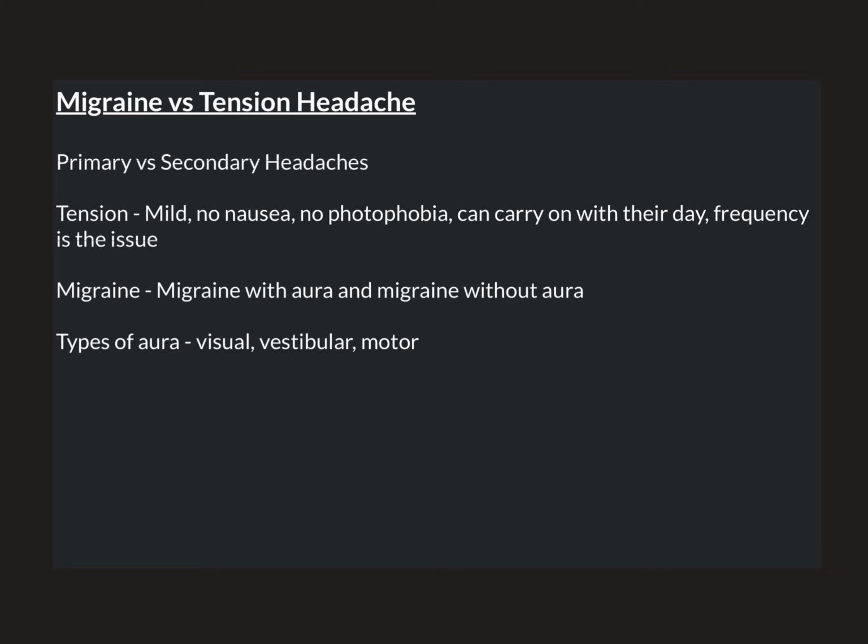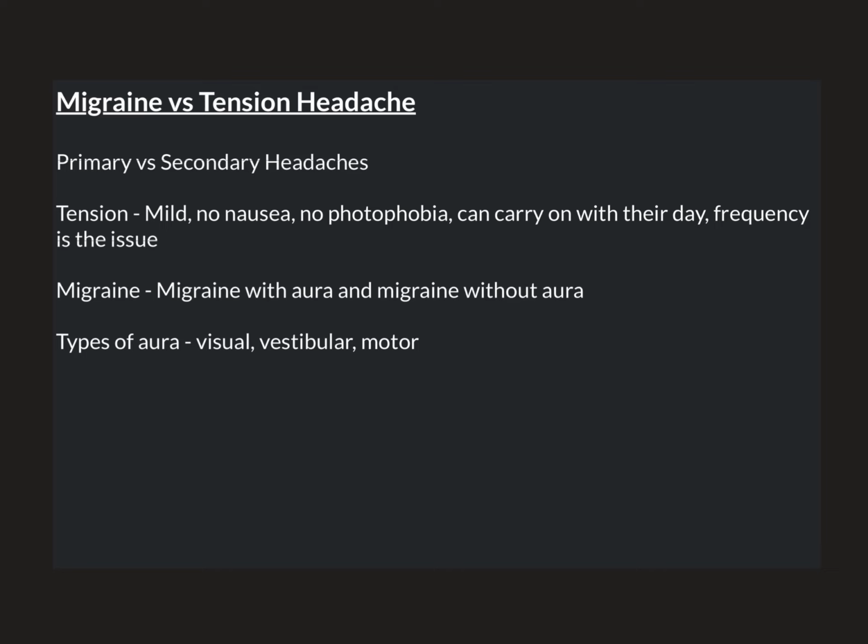If it's mild and they're coming to you just because of the frequency of it and they're living their entire life with it, then that's probably tension headache, whereas if it's episodic and really severe, that's probably migraine. Of course, you might need to do investigations to prove that they don't have secondary headache, that they don't actually have some horrible abnormality causing it, like, for example, a brain tumour or skull mets, if appropriate.